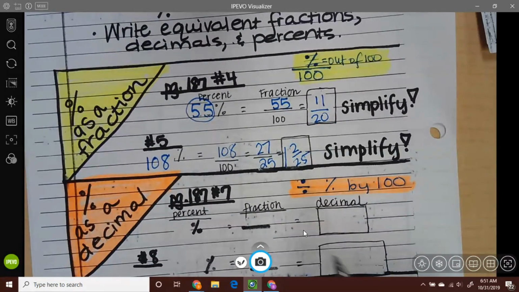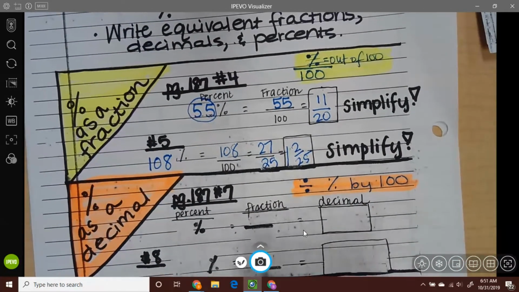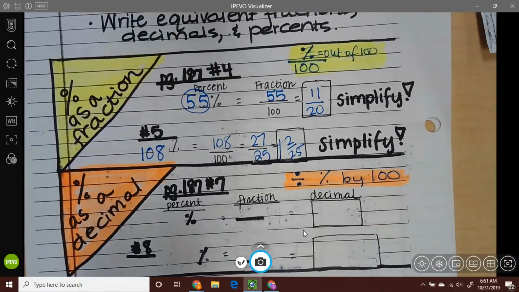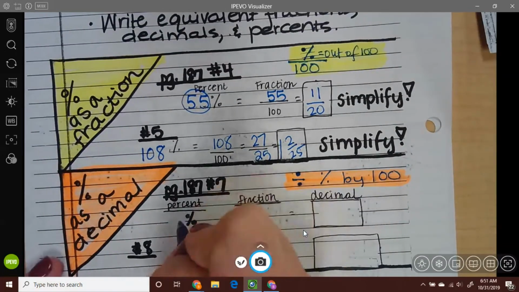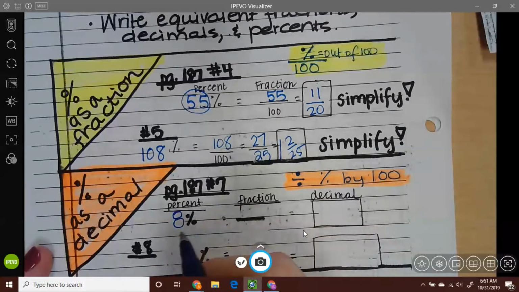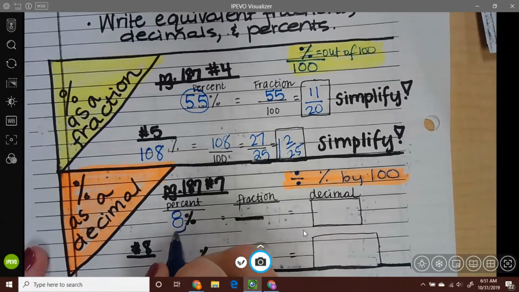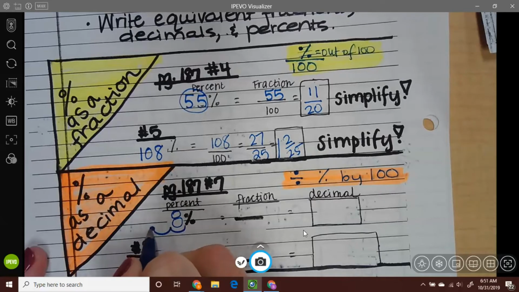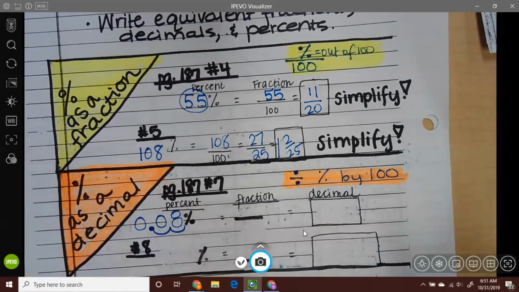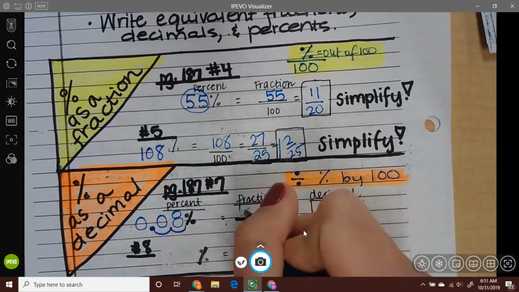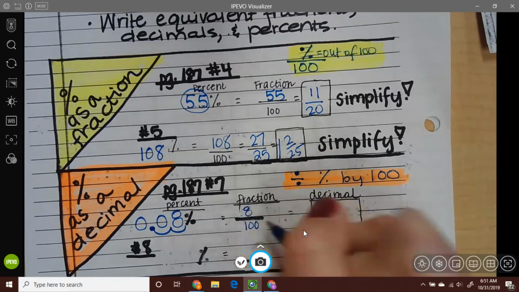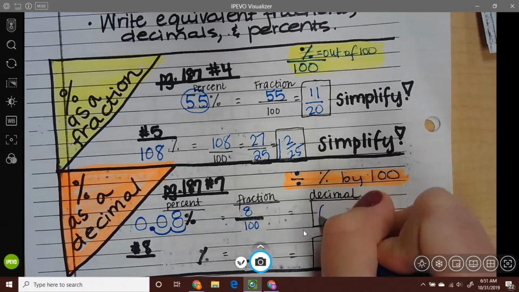So page 187, number 1, I have 8%. So 8, if I divide it by 100, I'd go 1, 2, and I'd get that. Or I can change it to a fraction and put 8 out of 100, which is equal to the decimal of 8 hundredths.